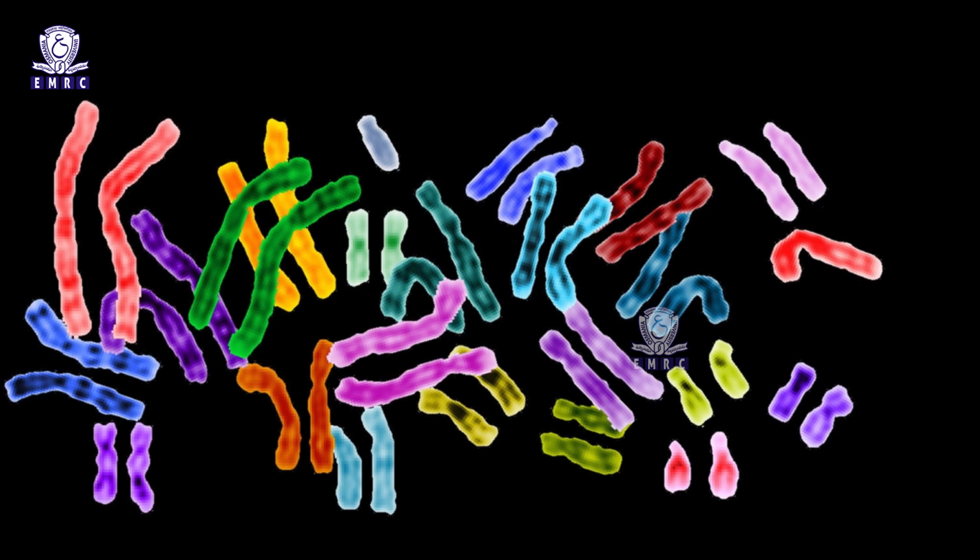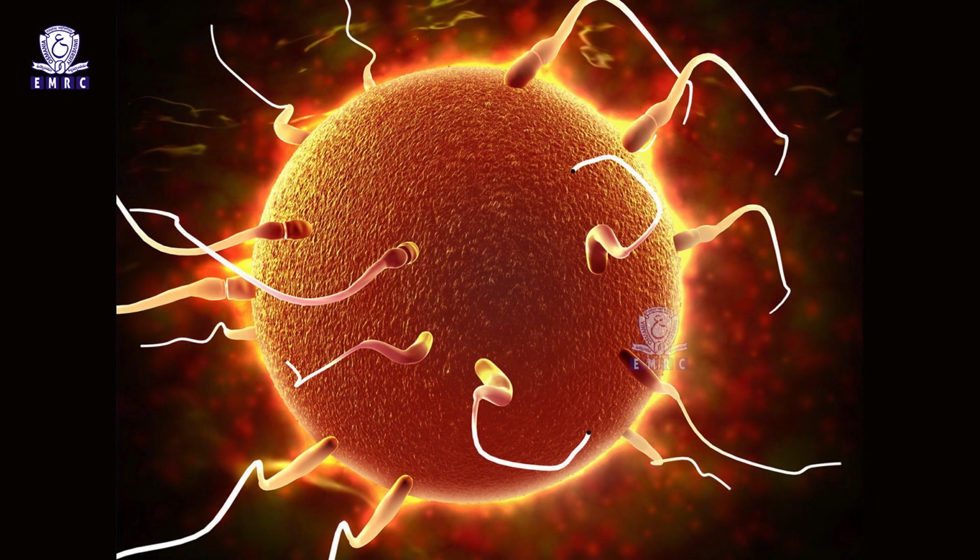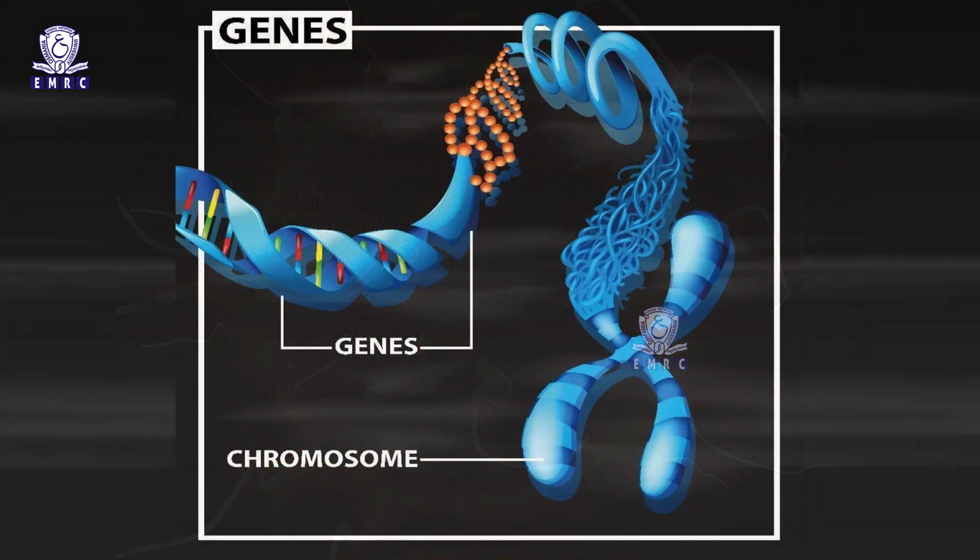In each chromosome there are innumerable genes. These genes are the real determinants of hereditary characteristics, which pass on from one generation to another. At the time of conception, the genes from the chromosomes of both the father and the mother fuse together and determine the traits of the offspring to be born.